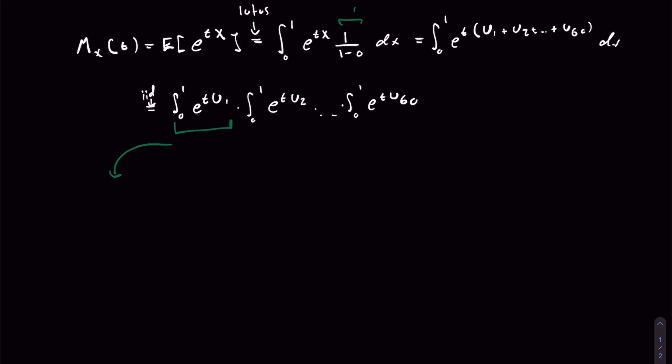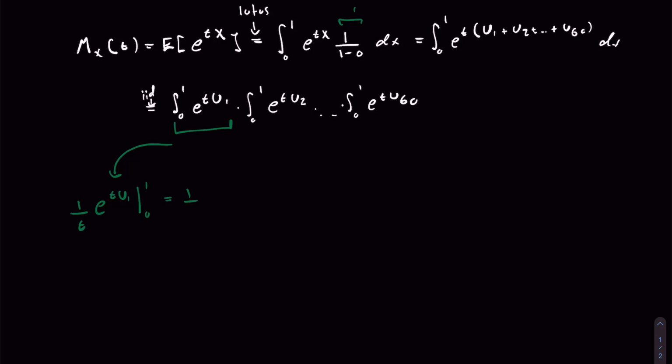It's an exponential, and we arrive at it in the usual way as we do when we evaluate these exponentials. So this is e to the t u1, from 0 to 1, divided by t, right?